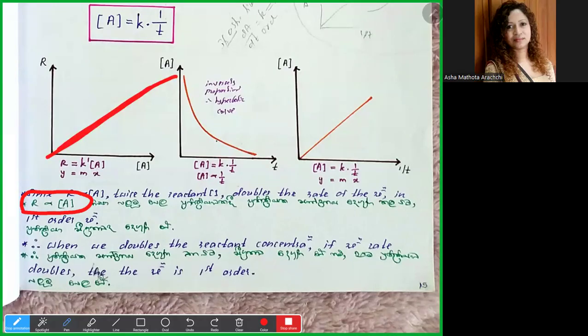Understood? Okay, so let's write that. Since R is proportional to concentration of A, twice the reactant concentration doubles the rate of the reaction in a first order reaction.